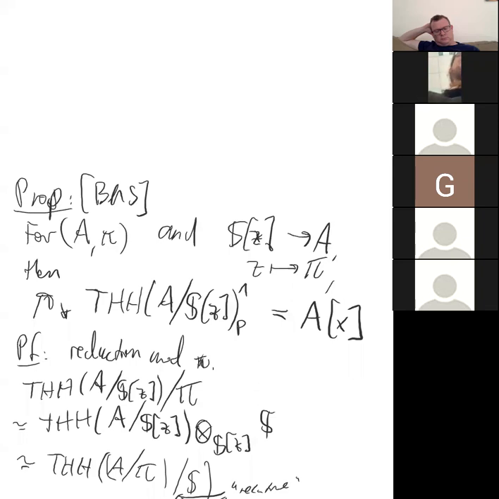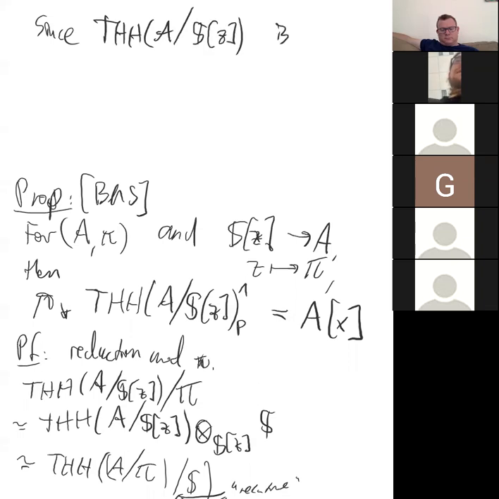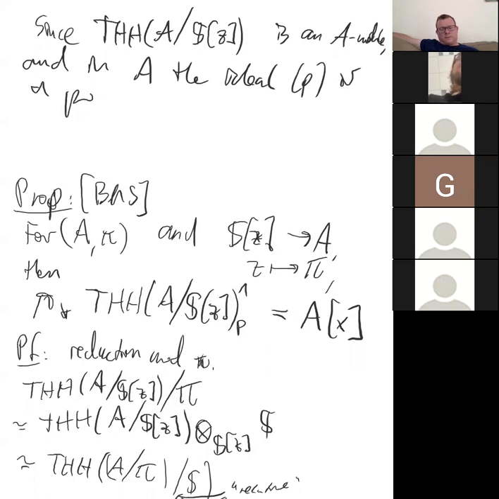And now, since THH of A relative S adjoint Z is an A module, and in A, the ideal P is a power of the ideal pi.